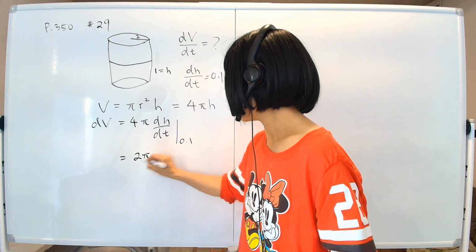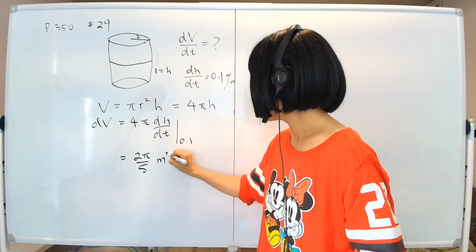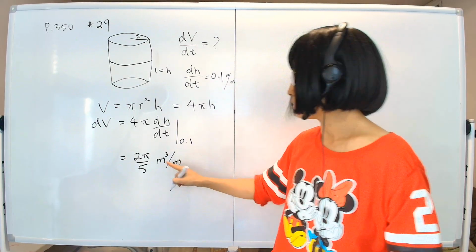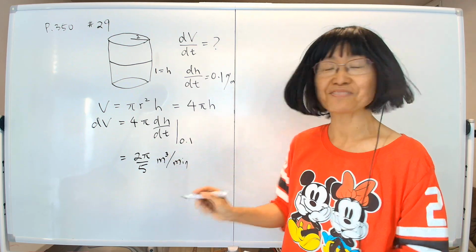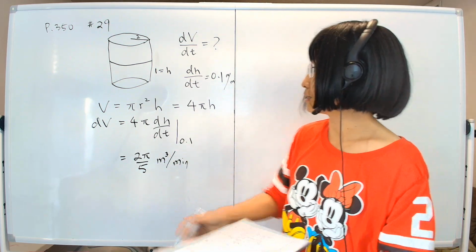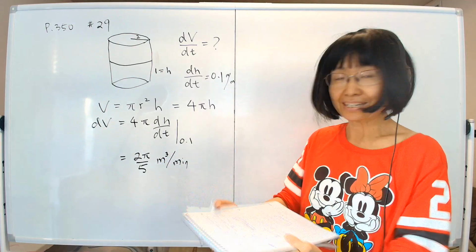That is the right answer. And what unit is it? It's meter cubed per minute. Now, I believe your book's answer key missed the cube, but always remember, you're talking about volume. Volume is always cubed in units, and that's 29.